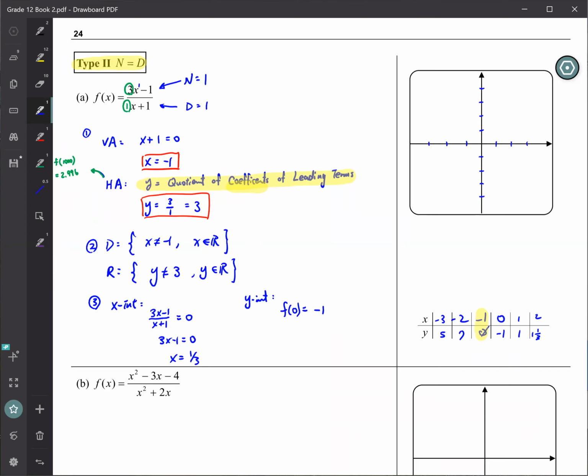So it looks like it's going up higher, right? 1, 2, 3, 4, 5, 6, 7.